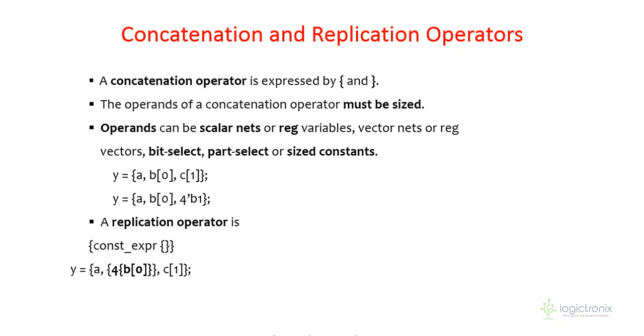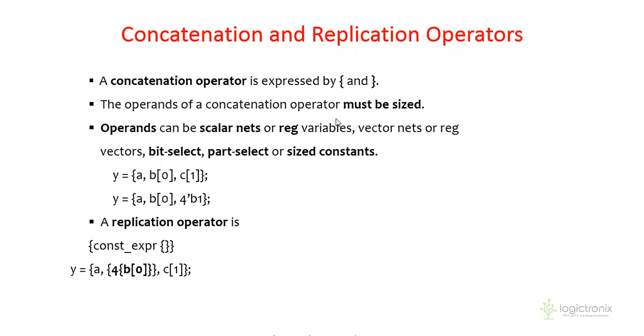So we have here concatenation and replication operators. Concatenation means appending multiple inputs or multiple bits, so it is much more flexible for designing, like while checking the conditions of multiple variables by a single variable.